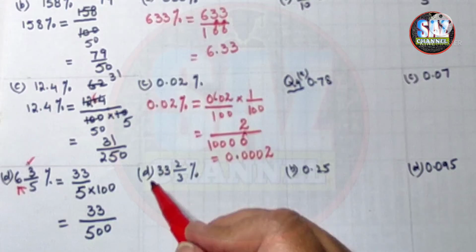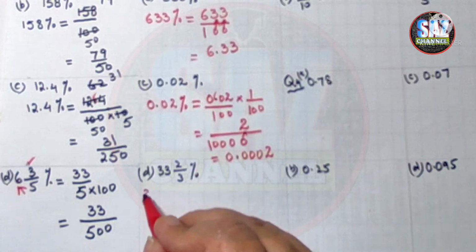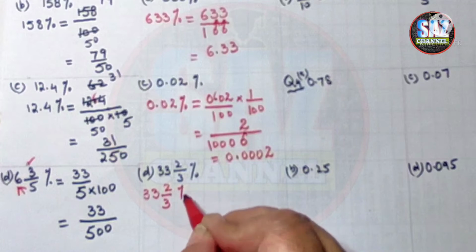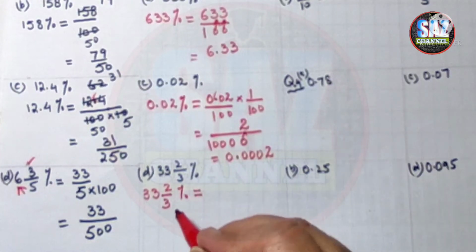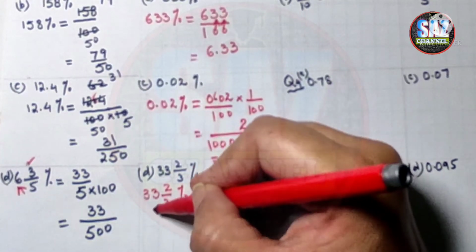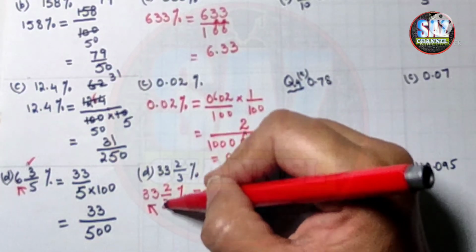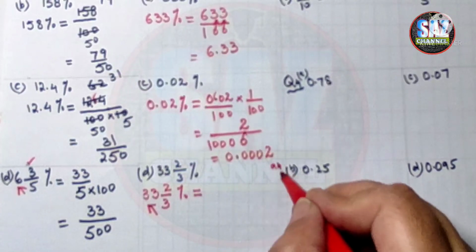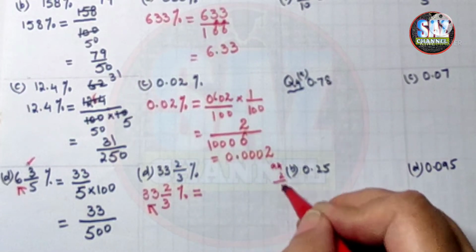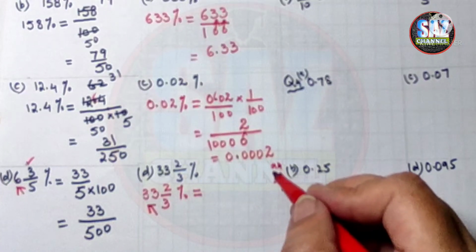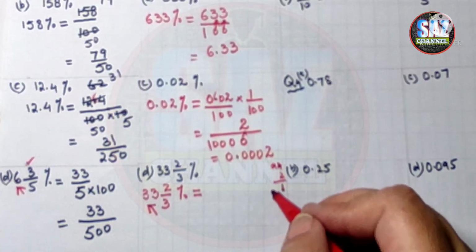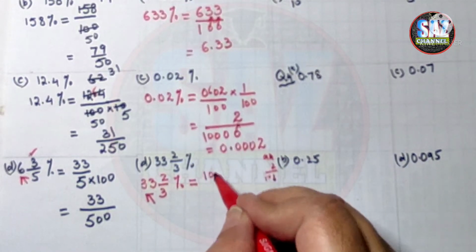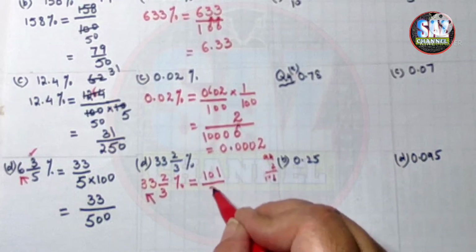Moving to the D part, that is 33 whole 2 by 3%. Again the question is, in what form, students? Yes, the mixed number. And what to do with the mixed number? Turn it into an improper fraction. 33 times 3 is 99, plus 2 is 101, so 101 by 3.